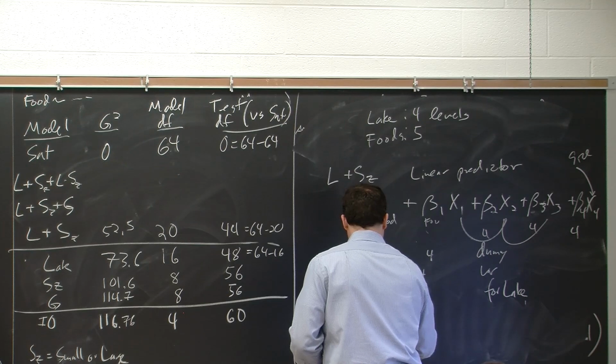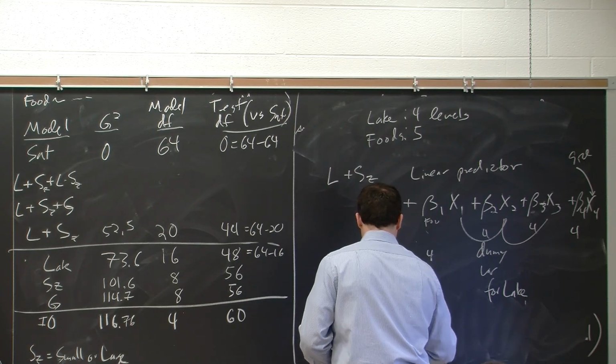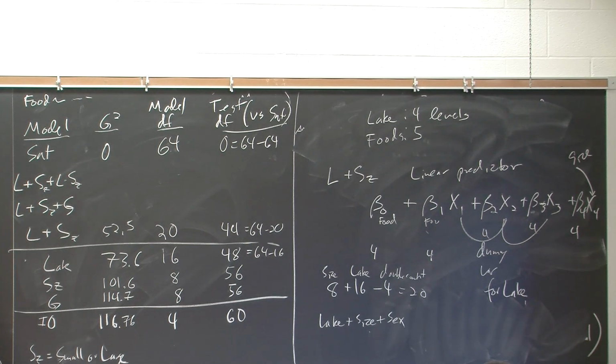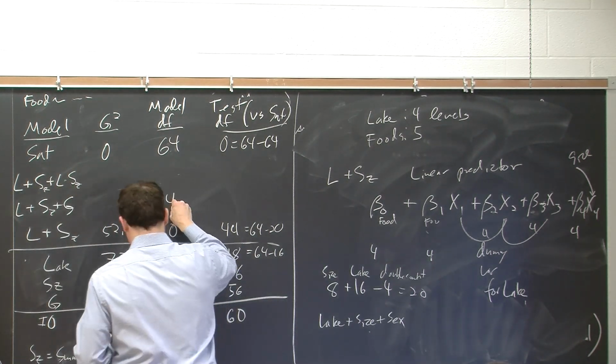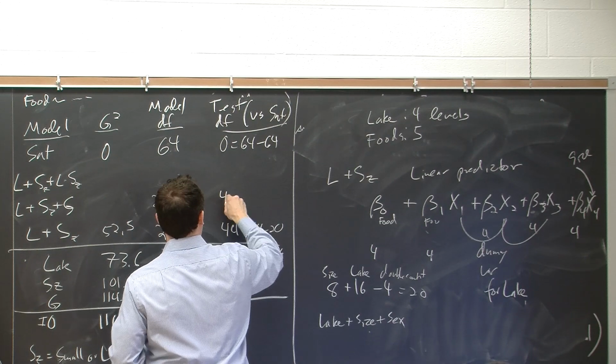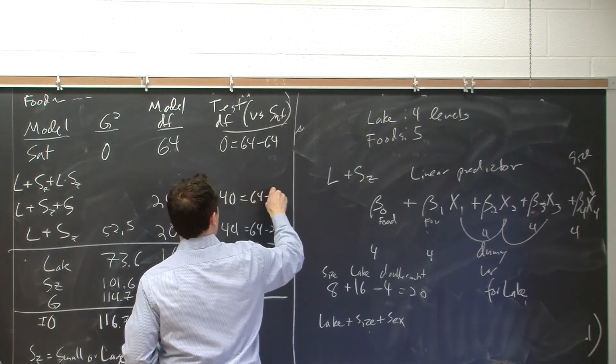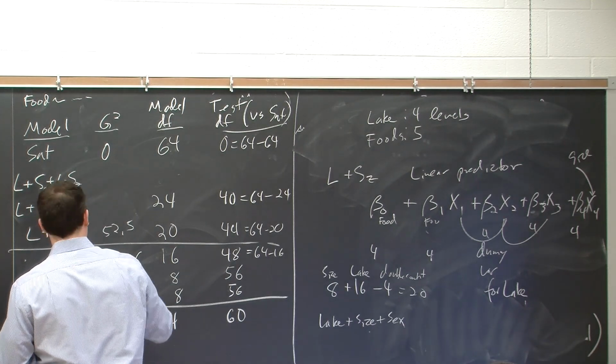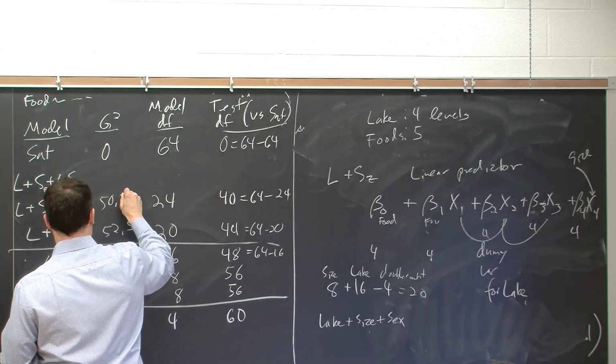Lake plus size plus sex, gender, and degrees of freedom 24. 40 is 64 minus 24, and 50.3 here.